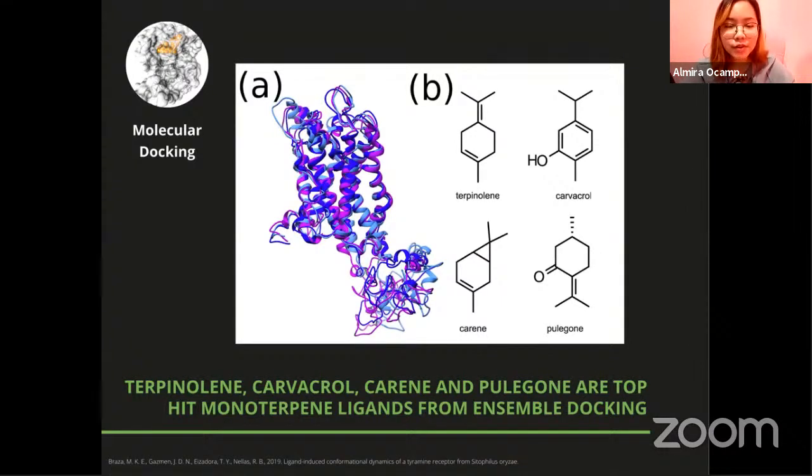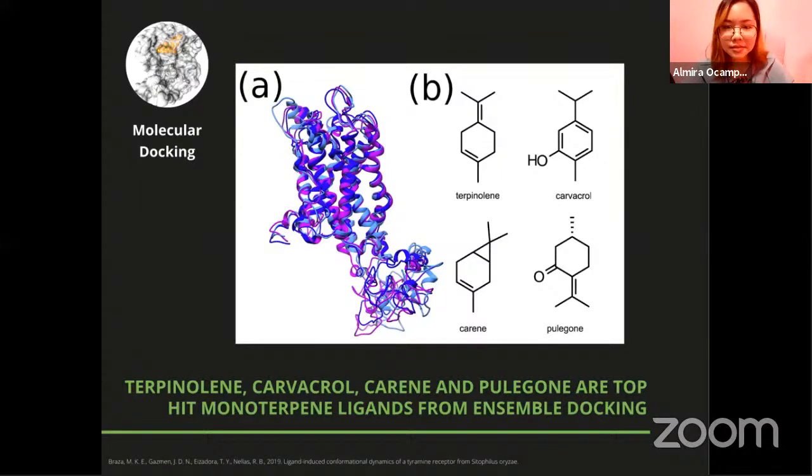So after we performed molecular docking, specifically ensemble docking, because again, we have 100 protein structures, we found out that these four monoterpenes right here, terpinolene, carvacrol, carine, and pilgone, are the top hits, or those that exhibited the highest binding affinity to our tyramine receptor. So these top hits were seen to have a binding energy of negative 6.8 kilocalorie per mole.